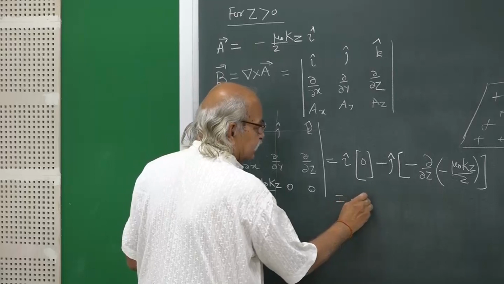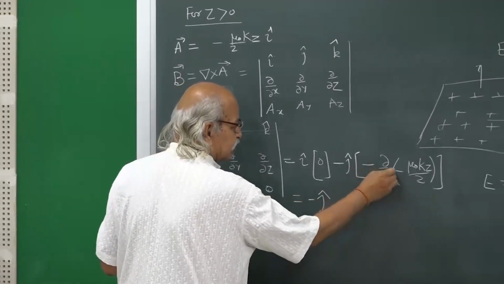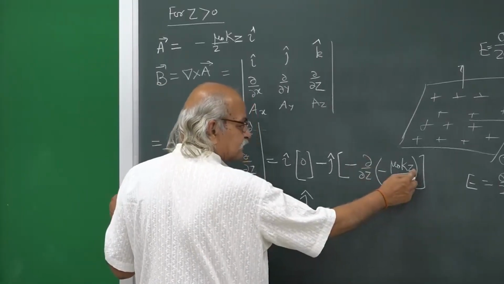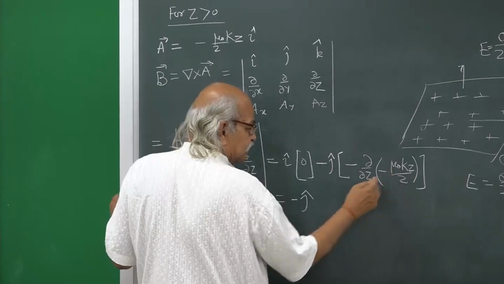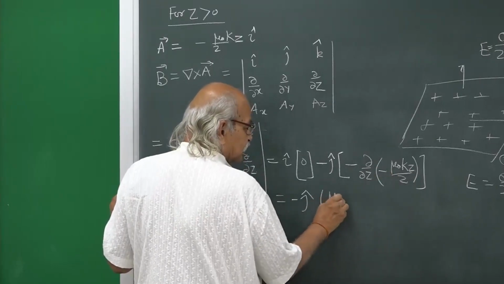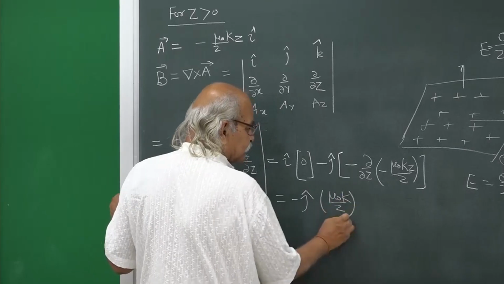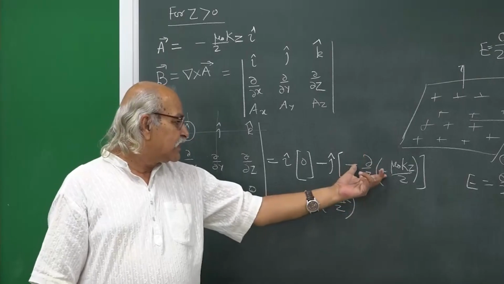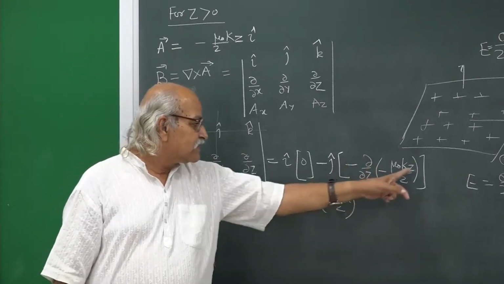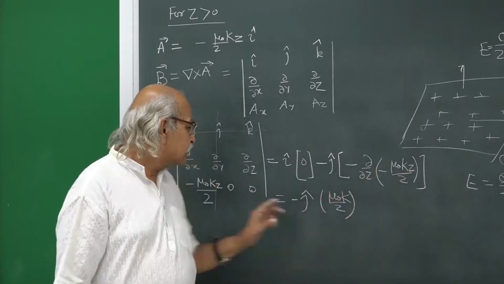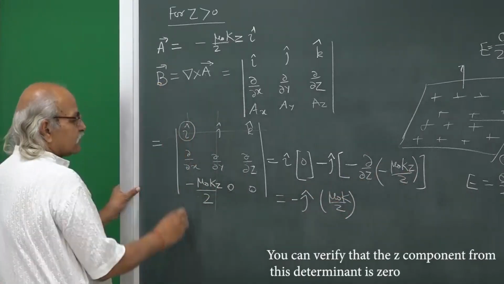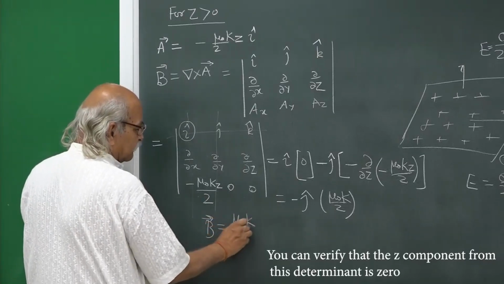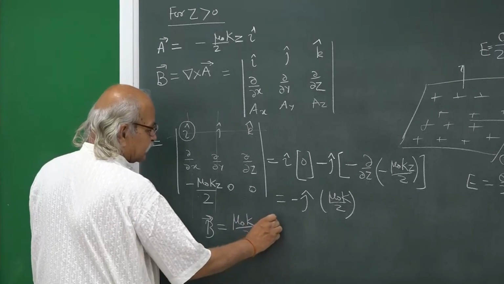This minus and this minus becomes plus, and z is in the first power, so the differentiation is just mu naught k by 2. So, you have gotten your magnetic field: B is mu naught k by 2 in the minus j cap direction.